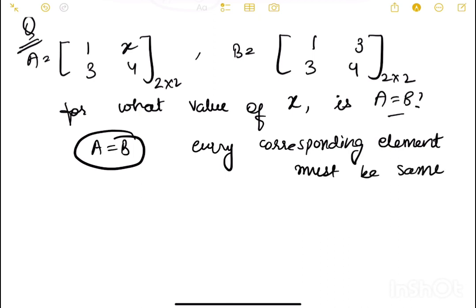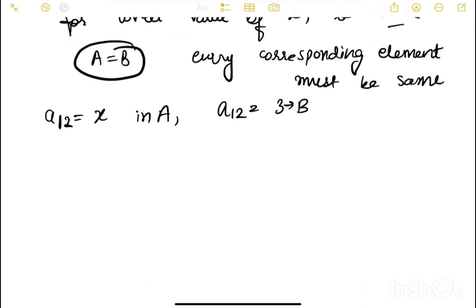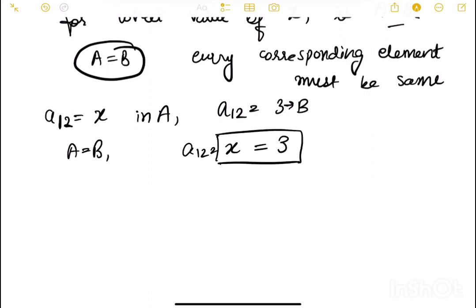Okay, so now we can see that we just need to know x, right? What is x? It is the first row second column element in A. And what is the element A12 in B? It is 3, right? Now for A to be equal to B, my A12, which is x in A, must be equal to 3, isn't it?